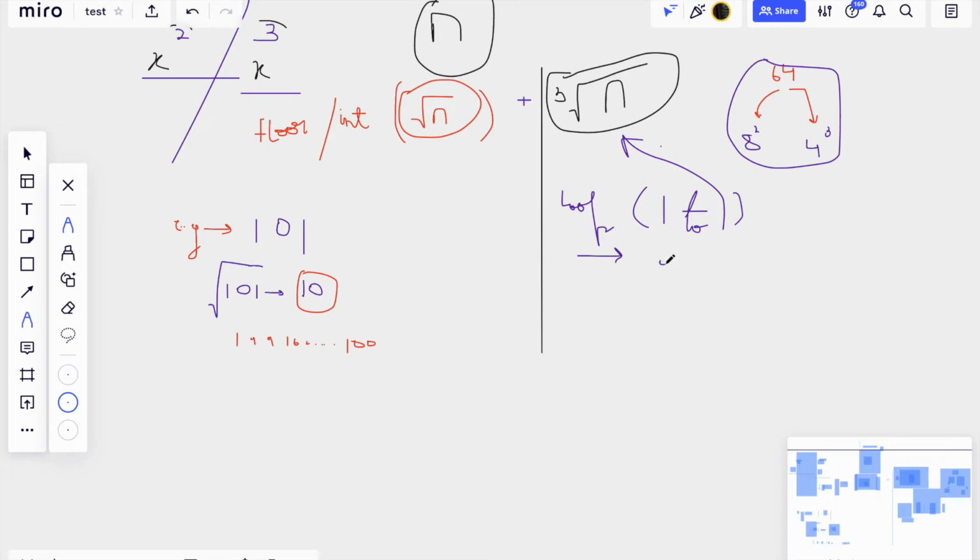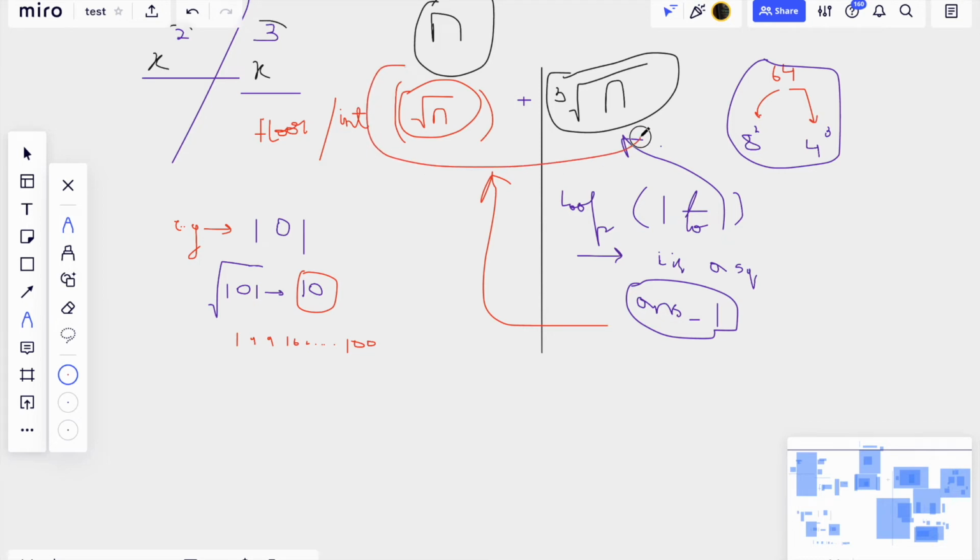If it is a perfect square, then I subtract 1 from the answer. And what is the answer, by the way? The answer is the square root of n plus the cube root of n.